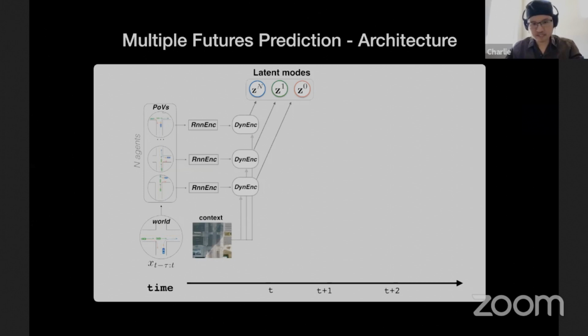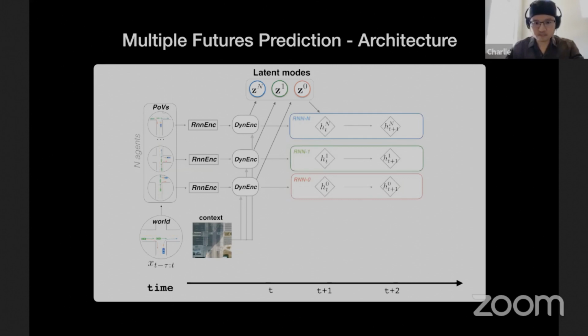These are latent discrete modes whose probabilities we can estimate before using decoding RNNs to forecast the trajectory of the world, unrolling it into the future. So this is the architecture that we used, and this is one of many ways that you can learn a data-driven prediction algorithm directly from pure trajectory data.